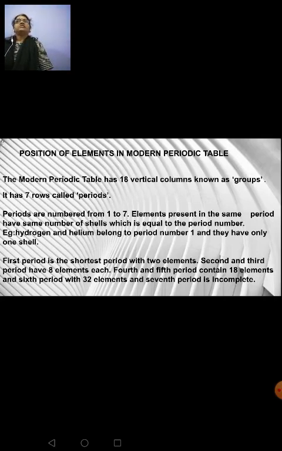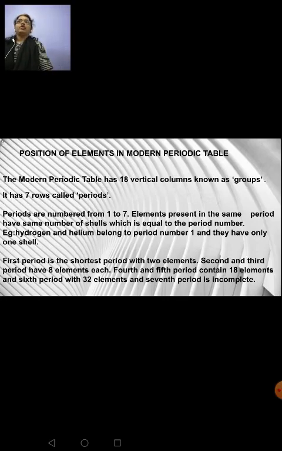Hydrogen's atomic number is 1, so it will have only 1 electron and 1 shell around it. Helium's atomic number is 2, and 2 electrons is the capacity of the first shell, so it will also have only one shell around it. So hydrogen and helium come under period 1 and have one shell around them. Now the second period consists of elements like lithium, beryllium, boron, carbon, nitrogen, all those things.